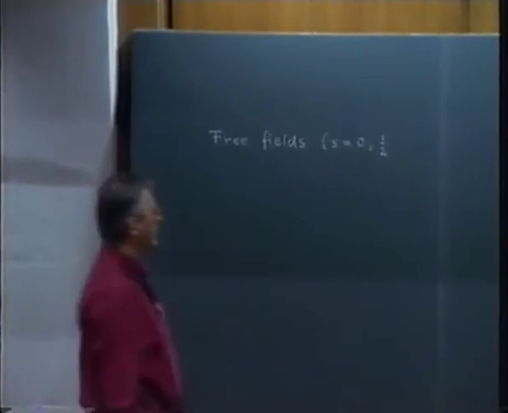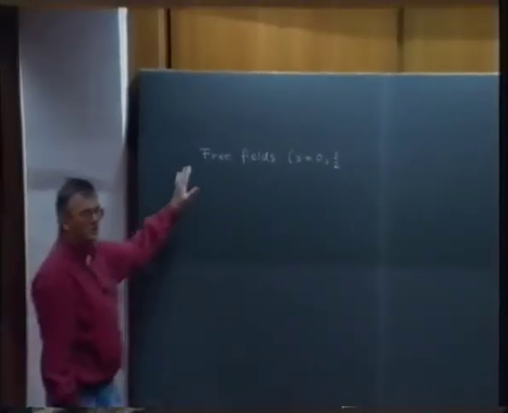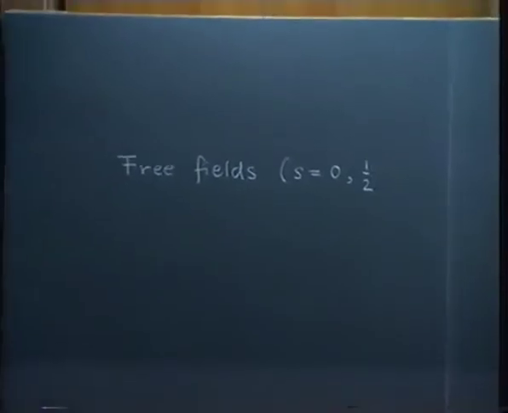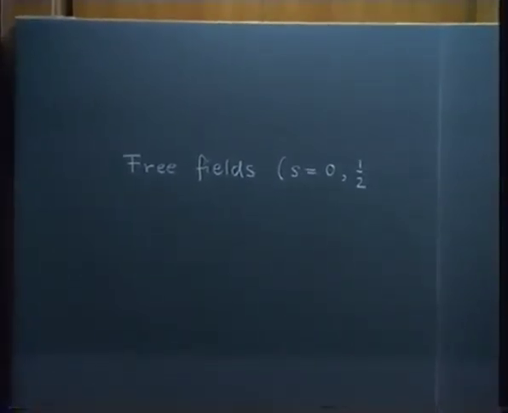And if I had more time, I would have now discussed the spin 1 field, the photon field, and how to quantize it. That's still a little more complicated because you now have to take into account the gauge invariance.